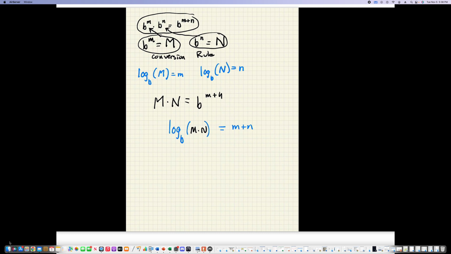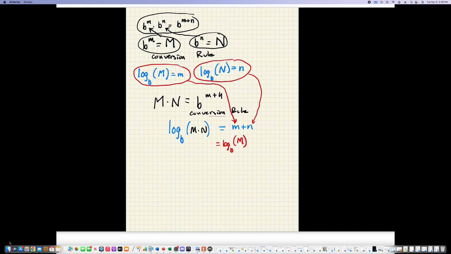Again, that's conversion rule. Well, I'm going to do another substitution here. I'm going to take this right here, and I'm going to take it down and replace little m with log base b of capital M. I'm going to take this and replace little n with log base b of capital N, and then you have your property of the product rule.